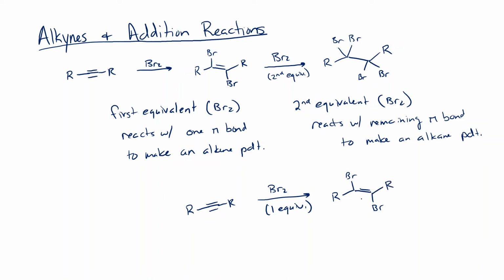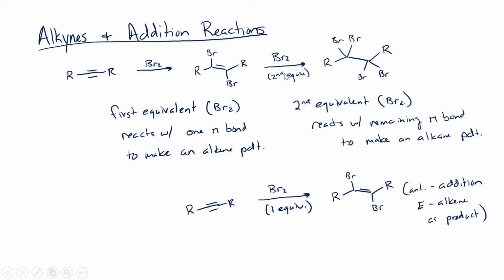Now notice that the bromines are opposite each other because you still get anti-addition, because it's still bromination, and so this will still give you the E-alkene as the product. And now we get to go back to some stereochemistry. We're pulling everything in this week. Okay, so if you add a single equivalent of Br2, you can stop at the alkene.